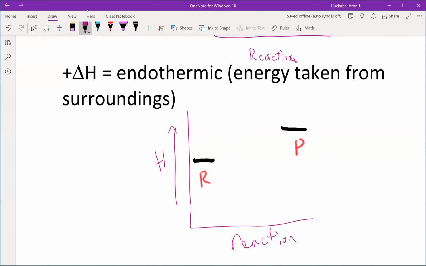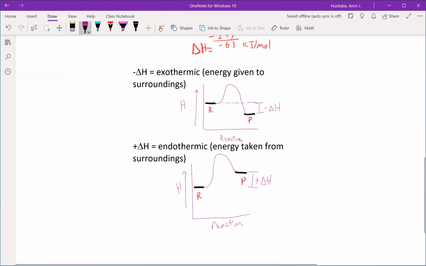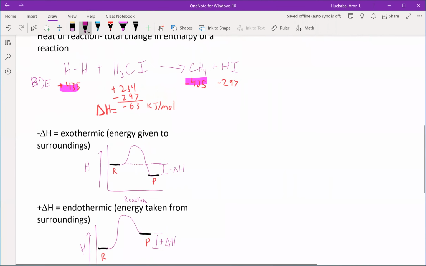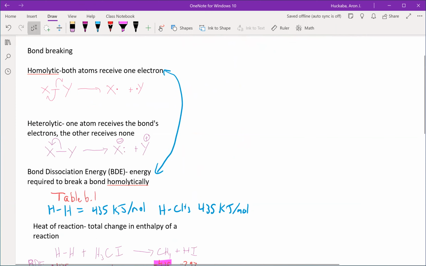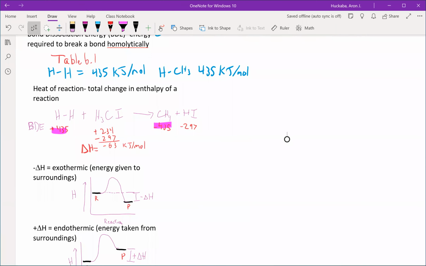And because of that, we need energy going in, positive delta H. Endothermic reaction. Okay, we'll talk more about these later on in the chapter, and we'll talk more about energy of systems in general. So this has been section 6.1.